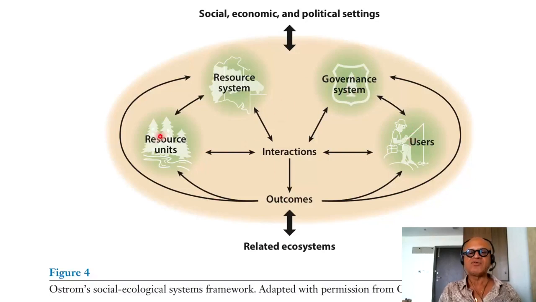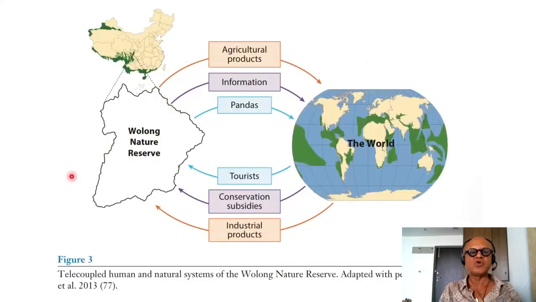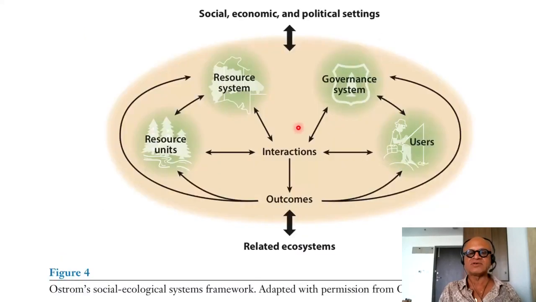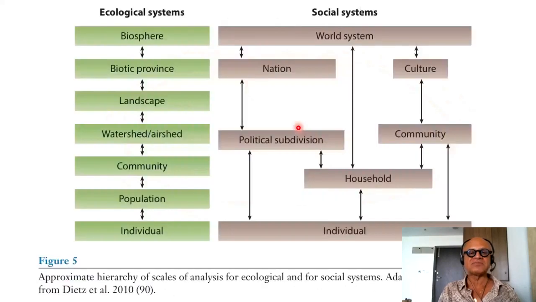So you have interactions between all of them and outcomes, and the local system then interacts with the related ecosystem. So eventually you go from one reserve to the local scale, to the regional scale, and the global scale, as we said before in the Millennium Ecosystem Assessment.